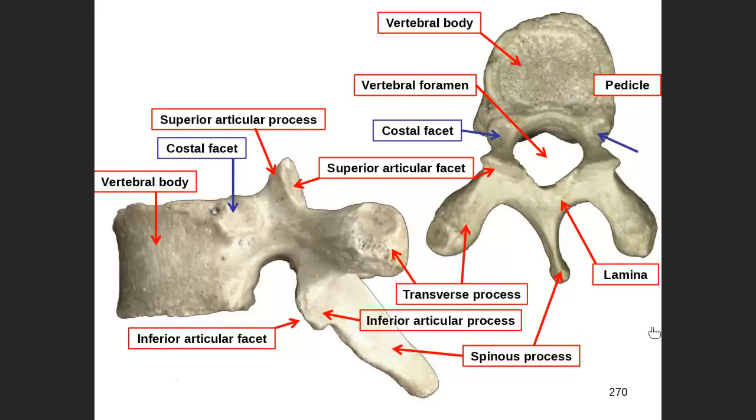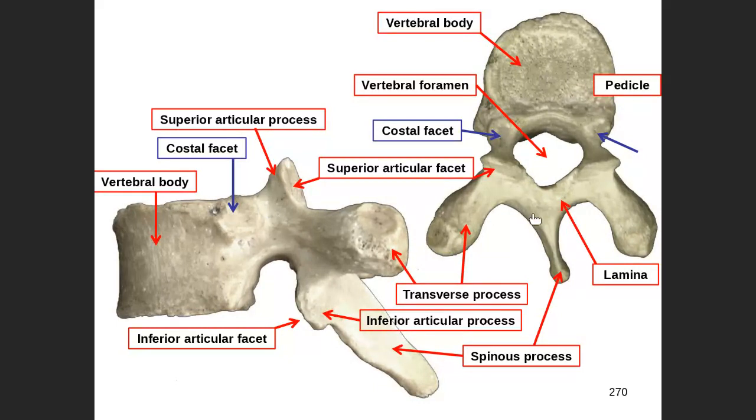Lumbar vertebrae is going to be the next region. We have 5 lumbar vertebrae. They're going to have the biggest and thickest bodies. Speaking of spinous processes, look how long the spinous process is that comes off the thoracic vertebrae. Now, this is a superior view, so it's really tough to tell.